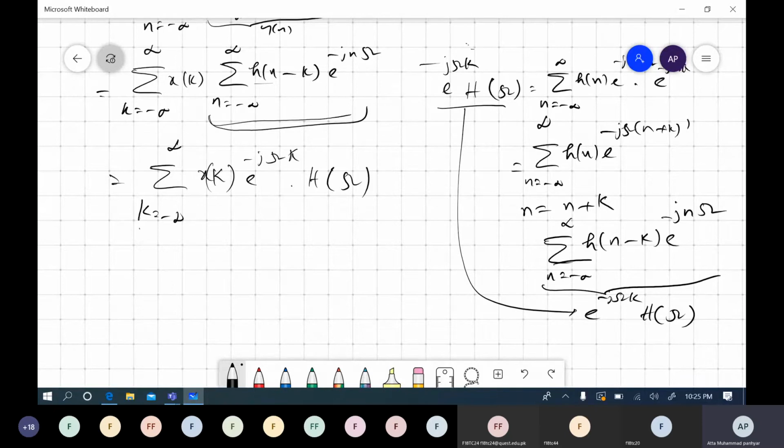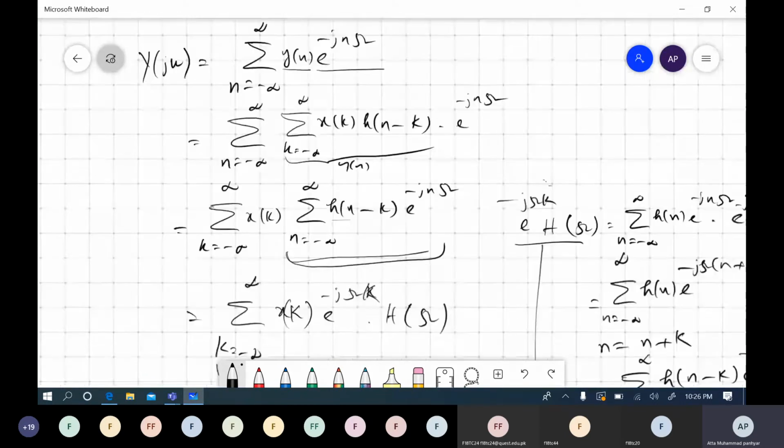Now, if you see, this is the discrete time Fourier transform for x, so this must be equal to X of omega, and this signal is multiplied with H of omega. Sorry, this is not small omega, because small omega we have already used for continuous time signals.